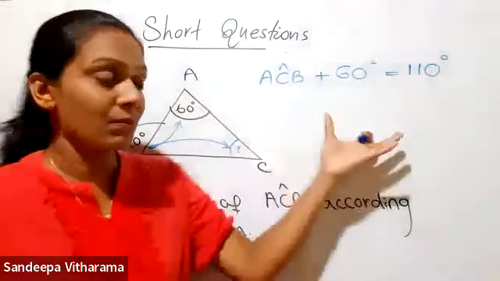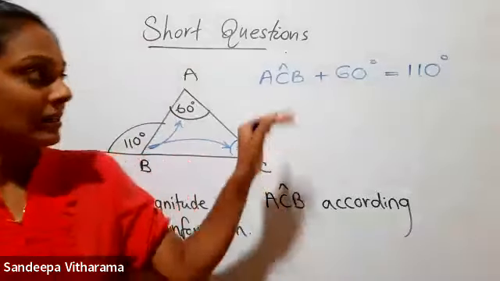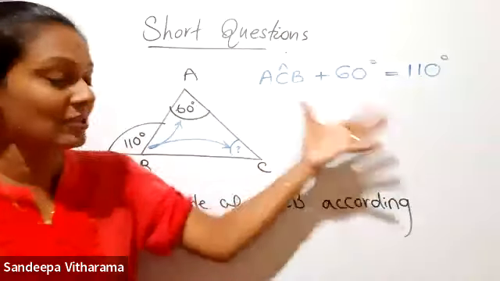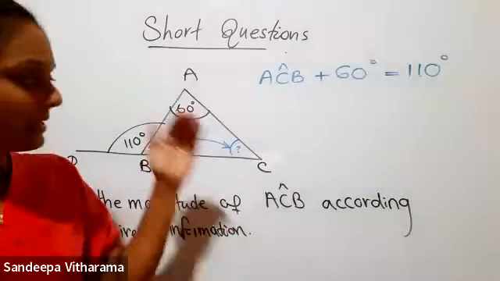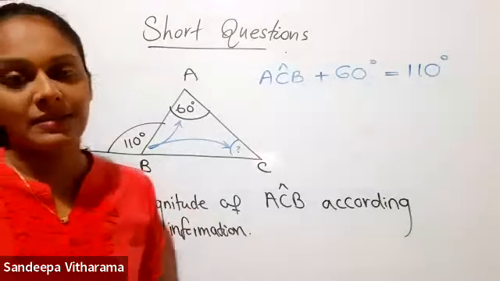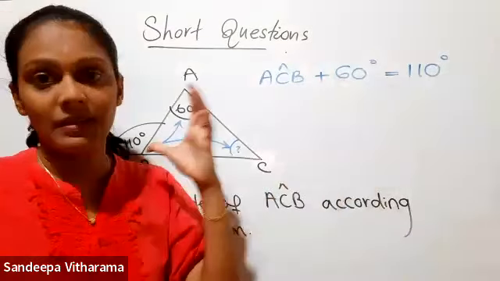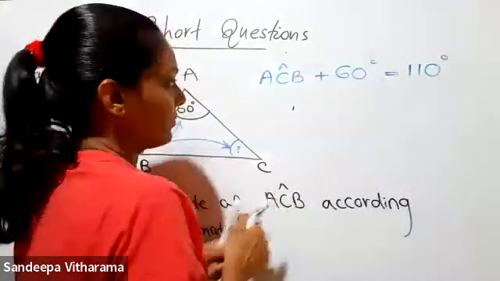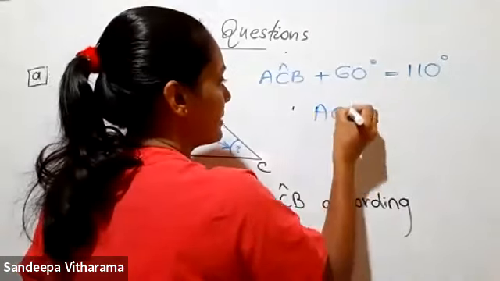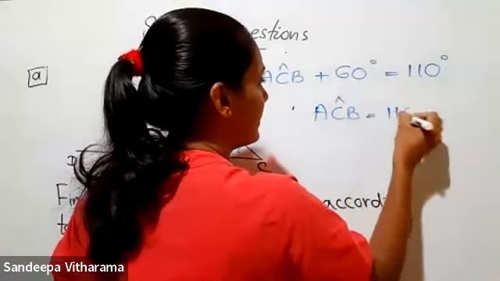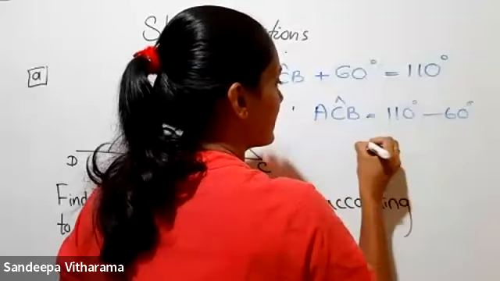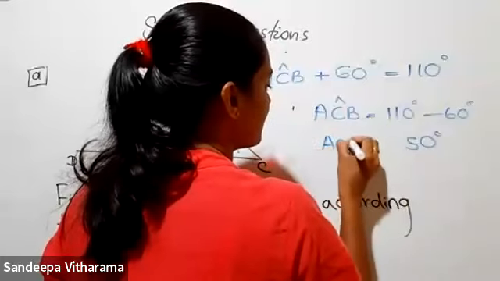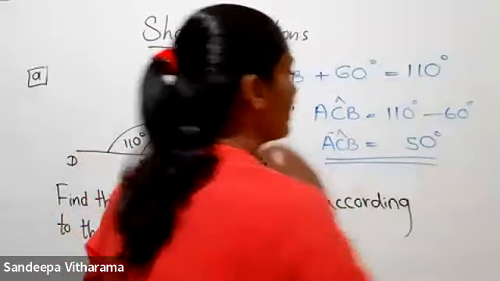Actually, this is a step for which you can get 1 mark, because this expresses that you know the relationship between interior opposite angles and exterior angles. This is enough. Then to find the ACB, ACB is equal to 110 subtract 60. Answer is 50. ACB is equal to 50 degrees.